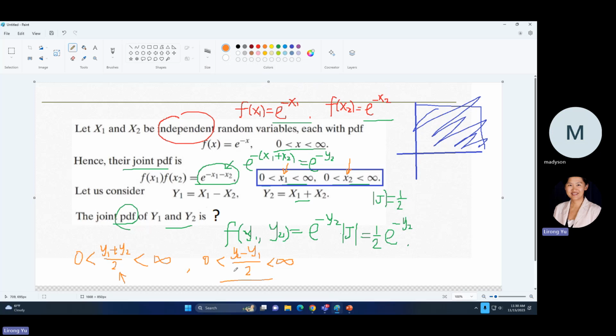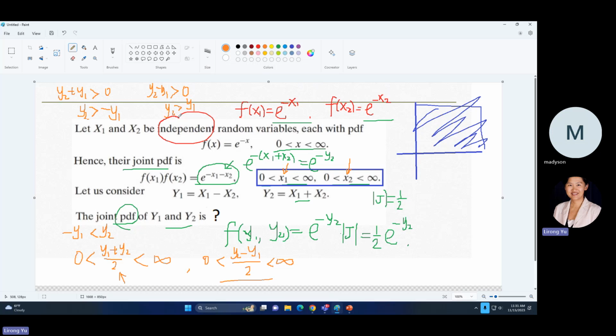From that relation, we realize that y2 plus y1 is higher than 0, so y2 is higher than negative y1. Similarly, we have y2 minus y1, that was also positive, and therefore y2 is higher than y1.